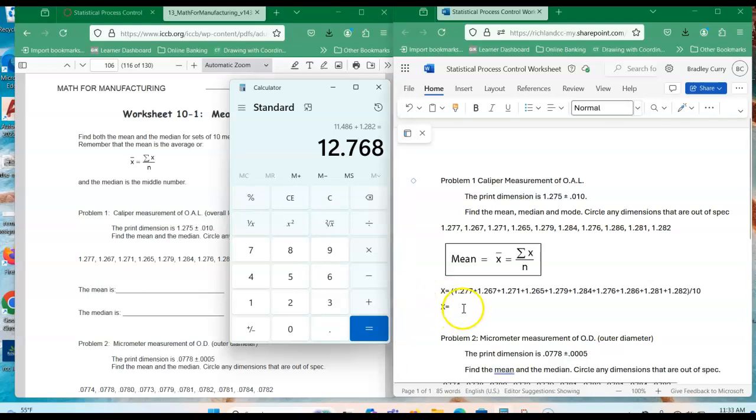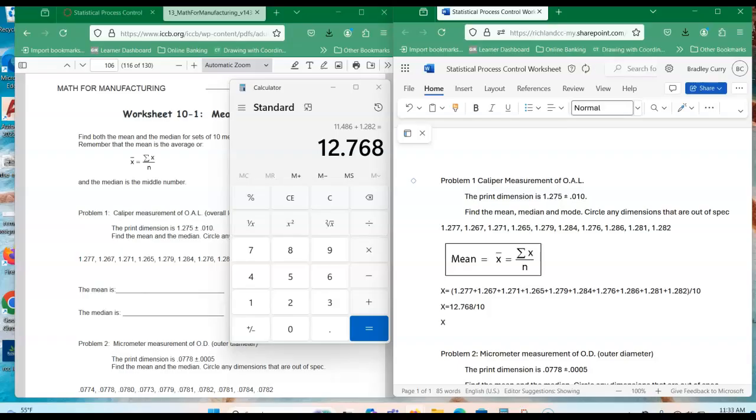So I see that this is equal to 12.768, which I still need to divide by 10. So let's divide this by 10, and my mean is 1.2768. So there's the answer for my mean.